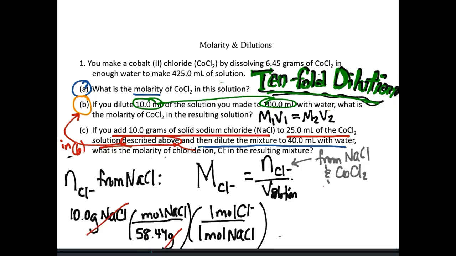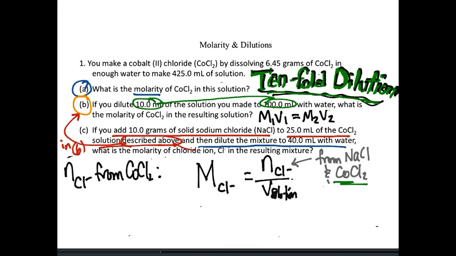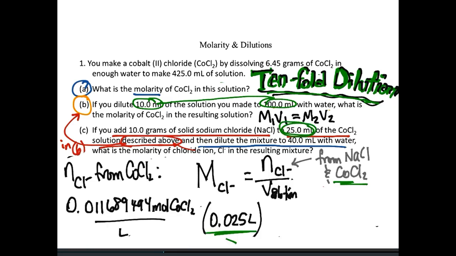We have 10 grams of sodium chloride. We convert that into moles. 1 mole of sodium chloride for every 1 mole of chloride ion means I have 0.17115674 moles of chloride. Cobalt chloride is going to contribute some as well. So we take the molarity that I calculated, 0.011689 moles per liter, and multiply by the volume that I'm adding. That should make liters cancel.